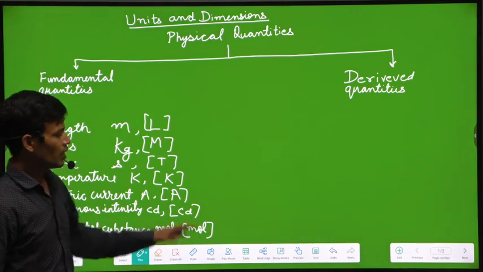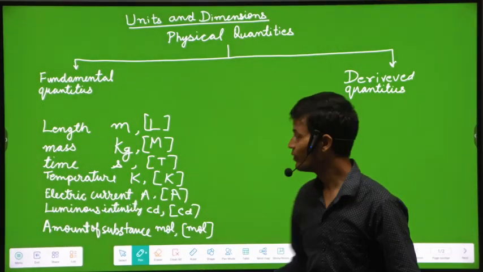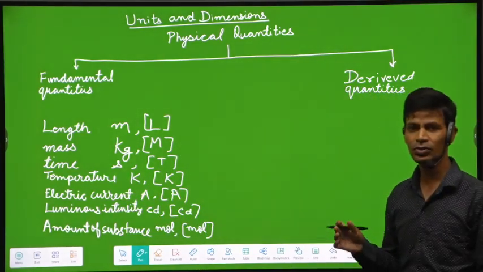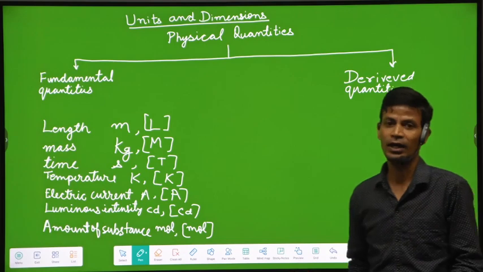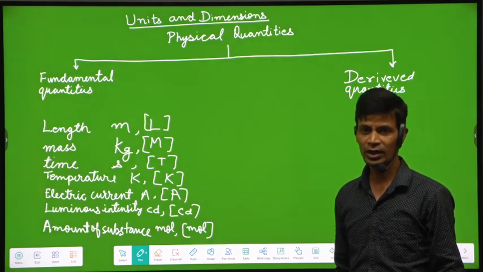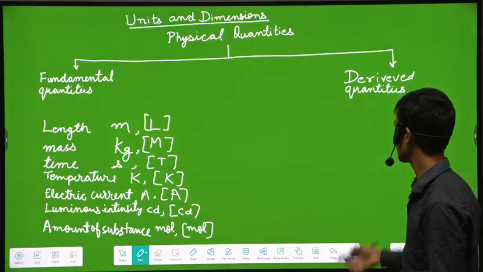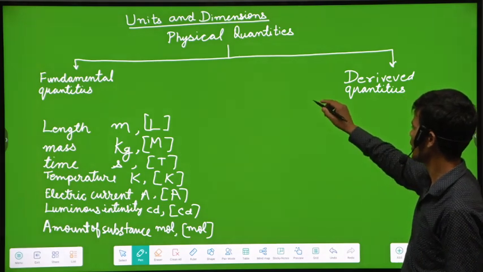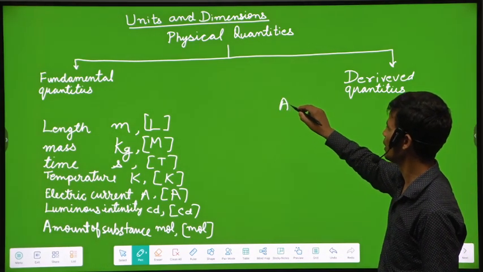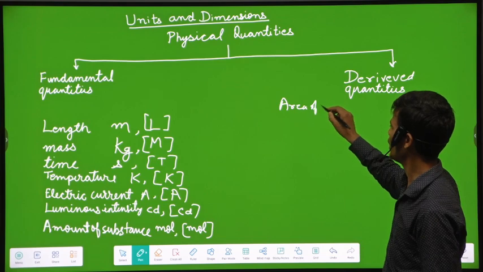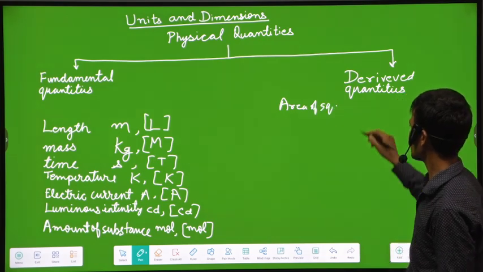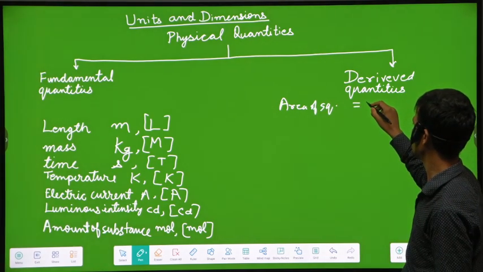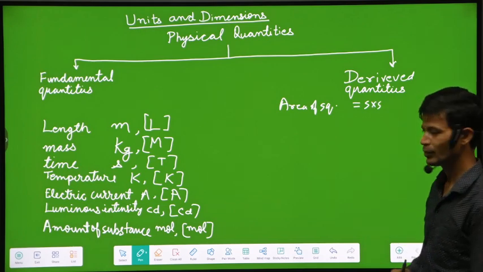So now if we talk about derived quantities, the quantities which are made up of some other quantities, especially fundamental quantities. So like area of a square. So we know the formula is side multiplied by side.